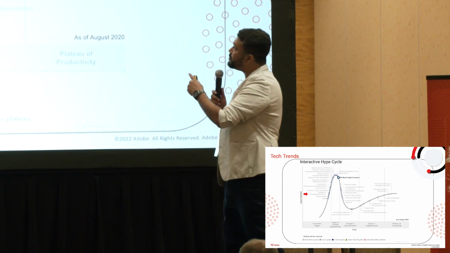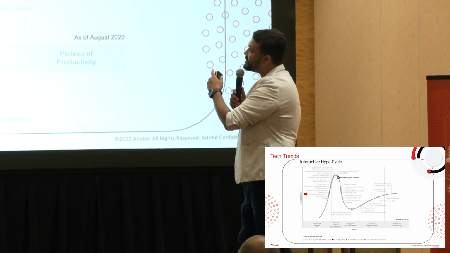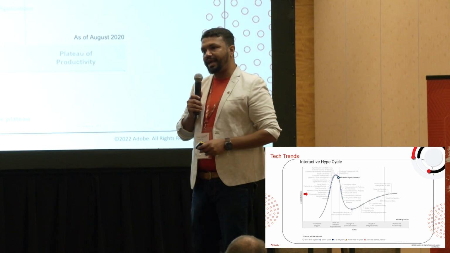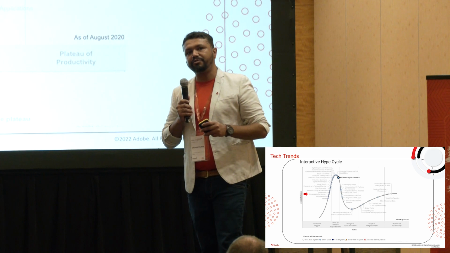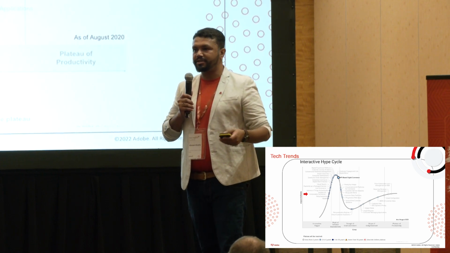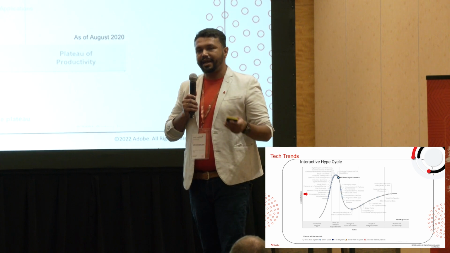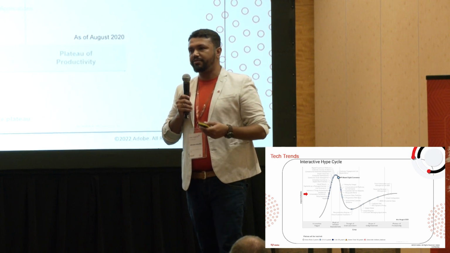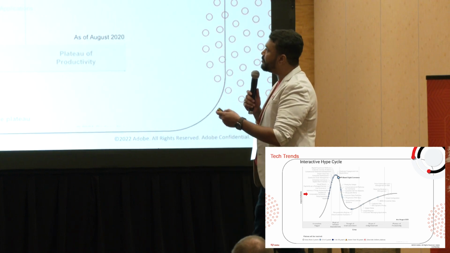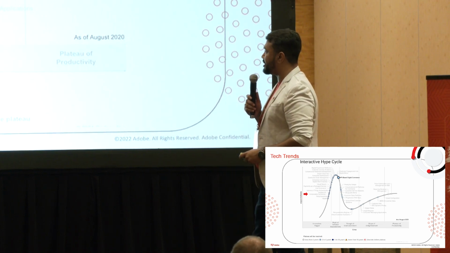So in the hype graph, we are now at the API-based digital commerce era. So what we are looking at is a move from monolith to microservices-based, headless, composable kind of story. Gartner has published this, and we are reaching the era of API-based digital commerce, right?